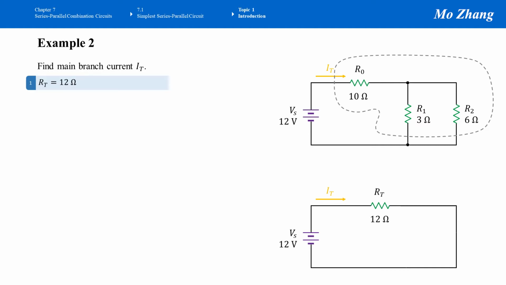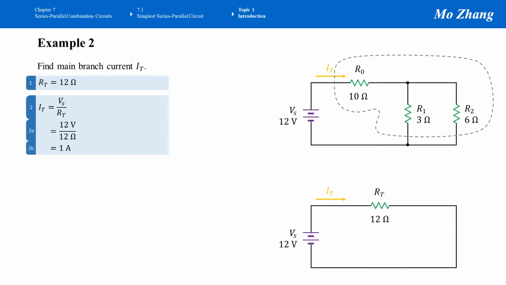RT equals 12 ohm, which we calculated from example 1. And we know Ohm's law current formula is V over R. For this circuit it is Vs over RT. Next, we can substitute the numbers into it. Vs equals 12 volt and RT equals 12 ohm. The current equals 1 amp.